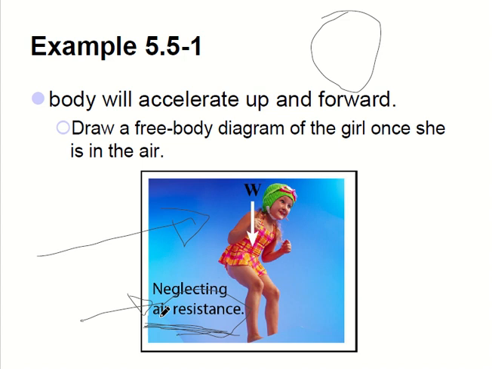Why do we neglect it? Because it's so complicated. It depends on the day, the time, the season. Air is a very fluid thing, because it changes all the time, because of the wind, the air, the pressure. So this value is always changing.